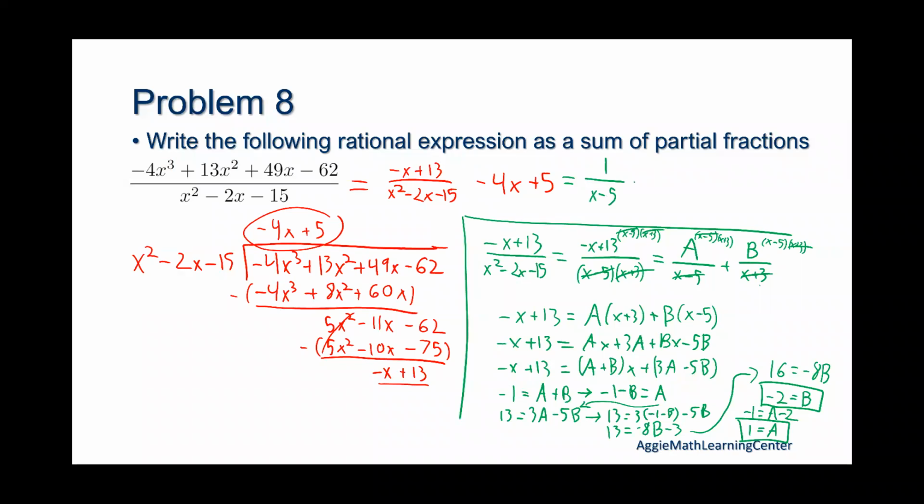I'm going to pull the negative out front, so minus 2 over x plus 3. And then we still have to keep this thing, so don't forget about that: 4x plus 5. And it just stays hanging out there. Sorry, that was so long. There's a lot to this problem.